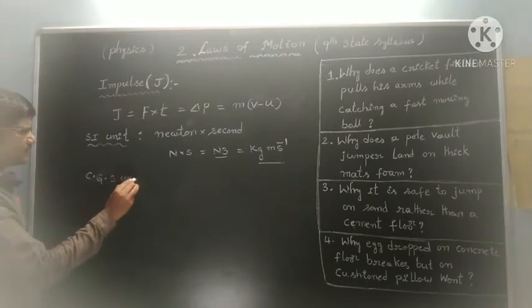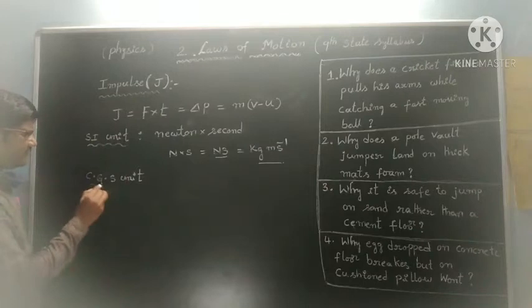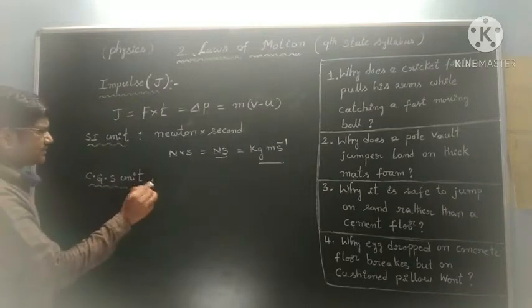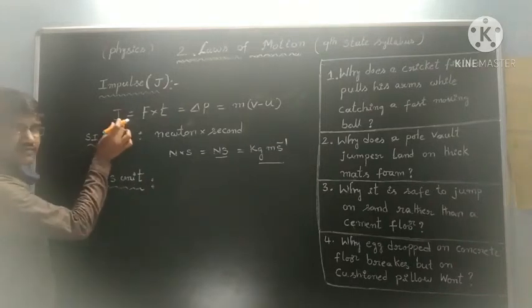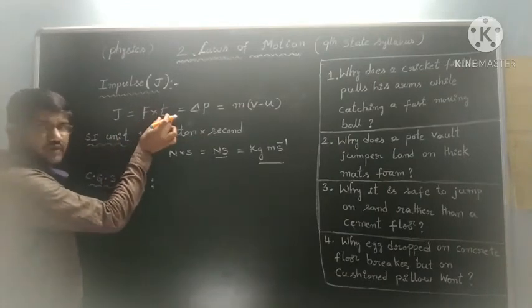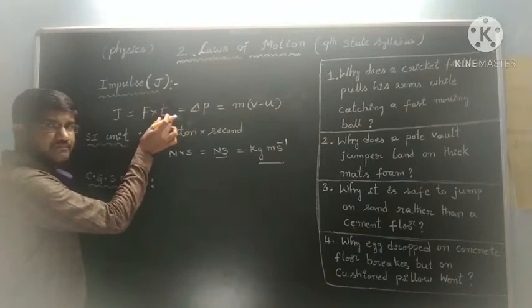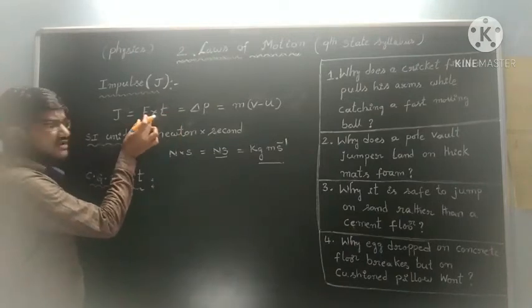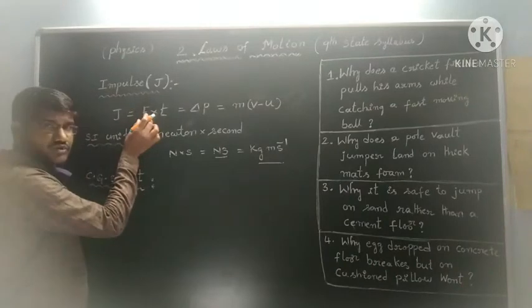CGS unit of impulse. To get the CGS unit of impulse, we should write the CGS unit of force and the CGS unit of time. Tell me children, what is the CGS unit of force? Yes, you are correct.